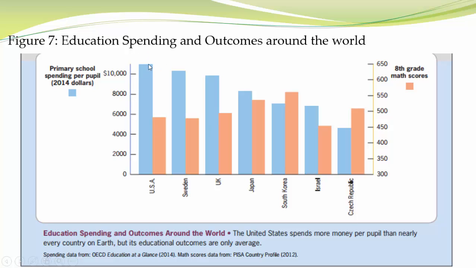The United States spends the highest amount of money, but the score of its students in mathematics is almost equal to Sweden and UK. We see that South Korea spent less than the United States, but still the average mathematics score is higher in Japan, South Korea, and even in the Czech Republic than the USA. Means the outcomes in mathematics are not encouraging.